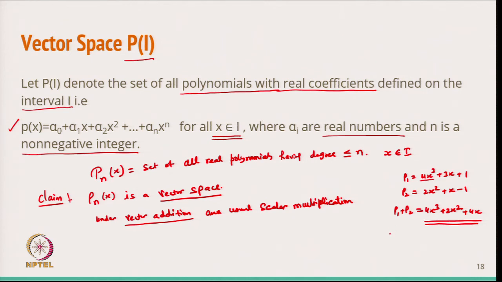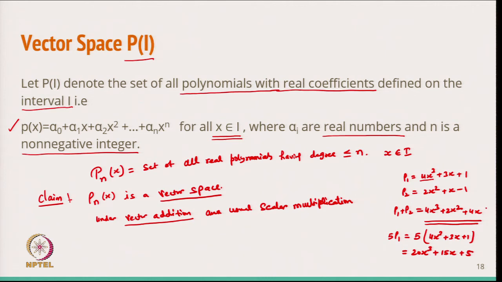Also, I want to define, suppose, 5 P1. So, 5 P1 means scalar multiplication. So, 5 is coming from the real numbers, and now I am multiplying by the polynomial 4x cube plus 3x plus 1, and from here it becomes 20x cube plus 15x plus 5. Now, the question is whether this addition is valid or not.